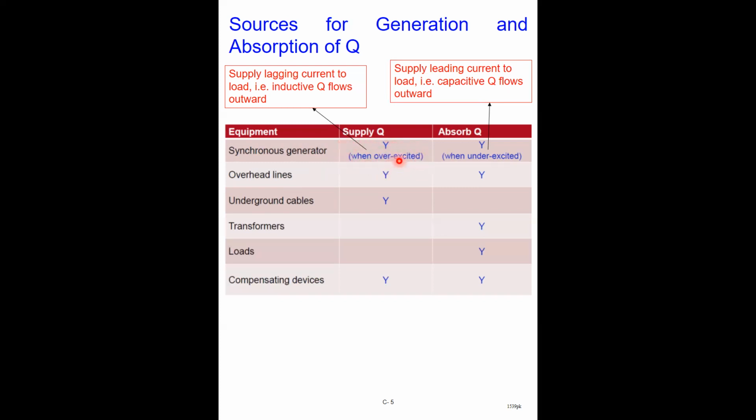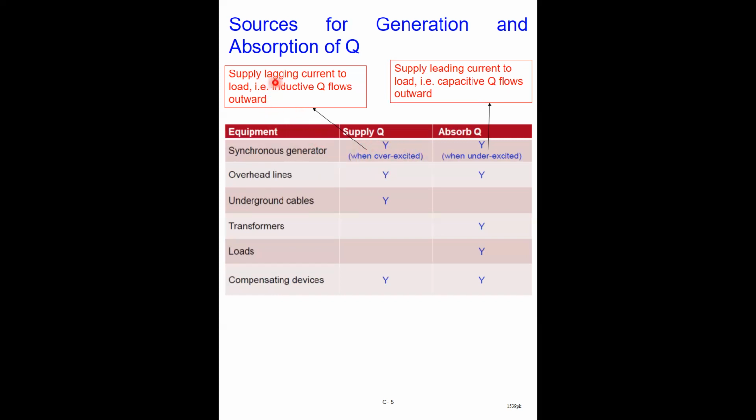That means you have a field current in the field winding somewhat more than the rated value, a higher value. Thus you have the overexcited synchronous generator.